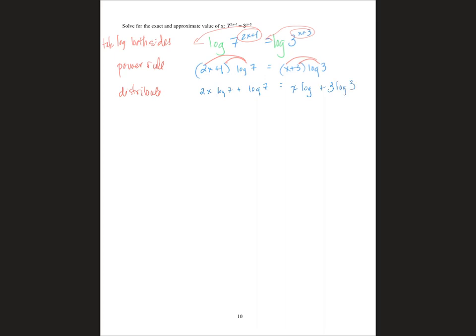Now, I want to try to get my logarithms on the same side where I can easily simplify. So everything that has an x, let's say, I want to take to the left-hand side. So what has an x term? This has an x term. This has an x term. So perhaps I want to subtract that x log of 3 from each side. Oh, I forgot the 3. My apologies.